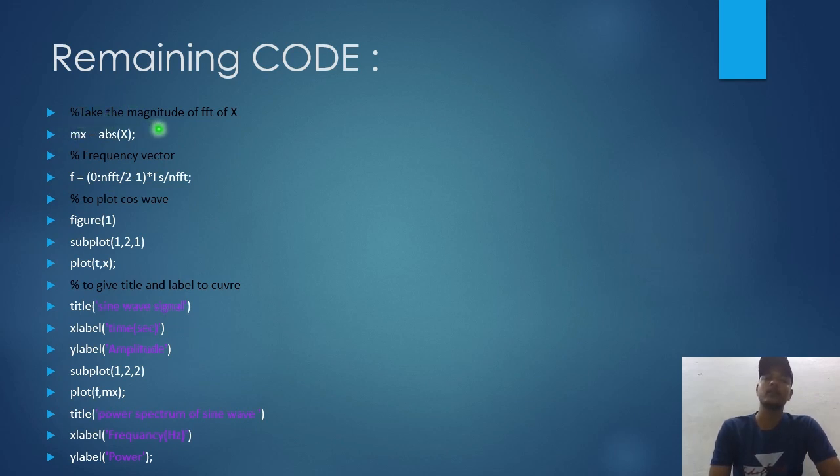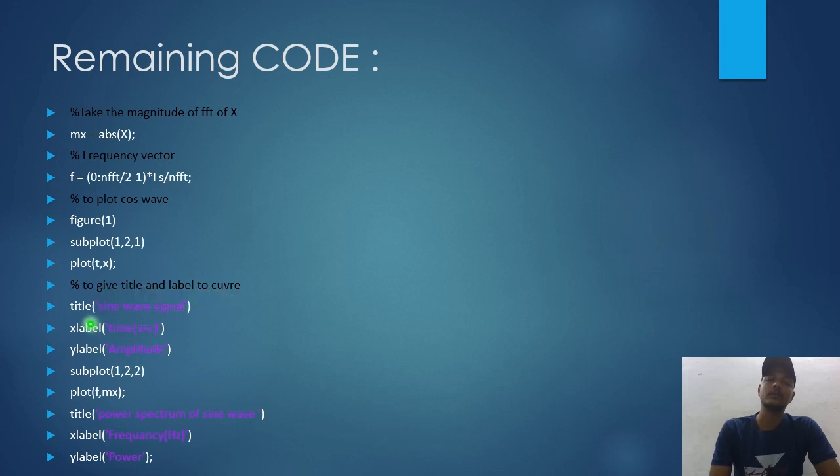Now for the remaining code of our first example, we take the magnitude of the FFT, the absolute magnitude, and give it a variable name mx equal to abs(x). Then we implement a frequency vector, and now we easily plot the figure, and then we use subplot. Subplot 1 by 2, 1, plot t of x.